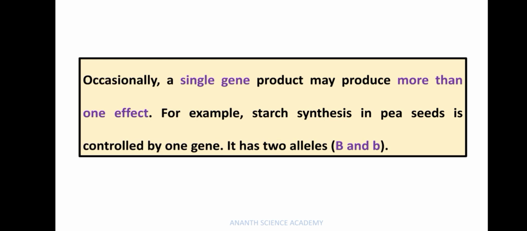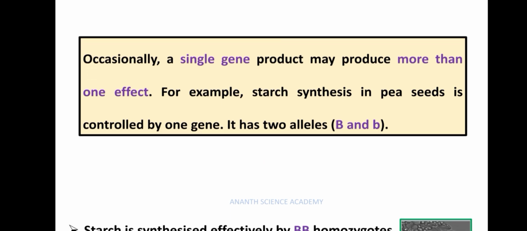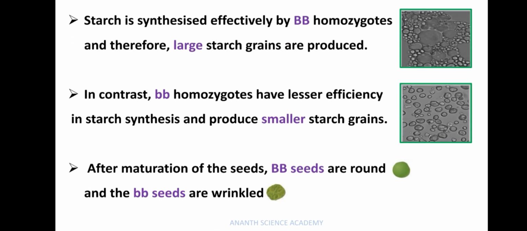Occasionally, a single gene product may produce more than one effect. For example, starch synthesis in pea seeds is controlled by one gene. It has 2 alleles, capital B and small b. Starch is synthesized effectively by capital B homozygotes, and therefore large starch grains are produced.